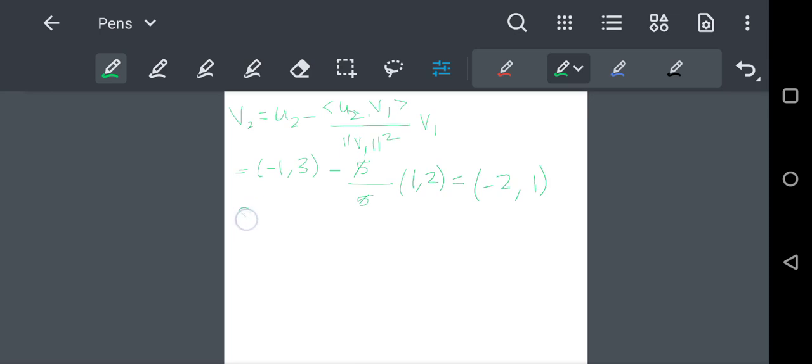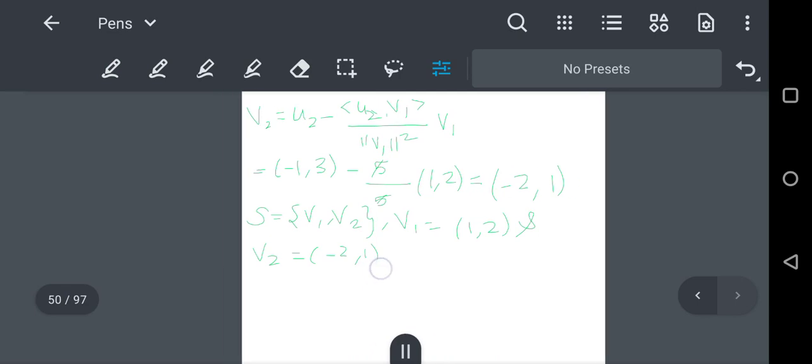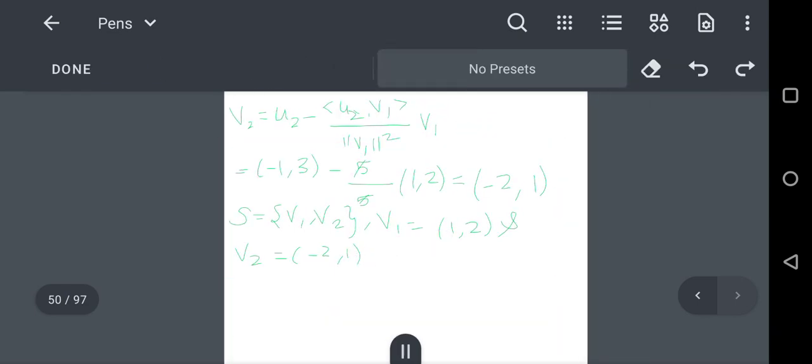So let me take S as {v1, v2}, where v1 is (1, 2) and v2 is (-2, 1). When you check the orthogonality between v1 and v2, you will be getting minus 2 plus 2, which is 0.